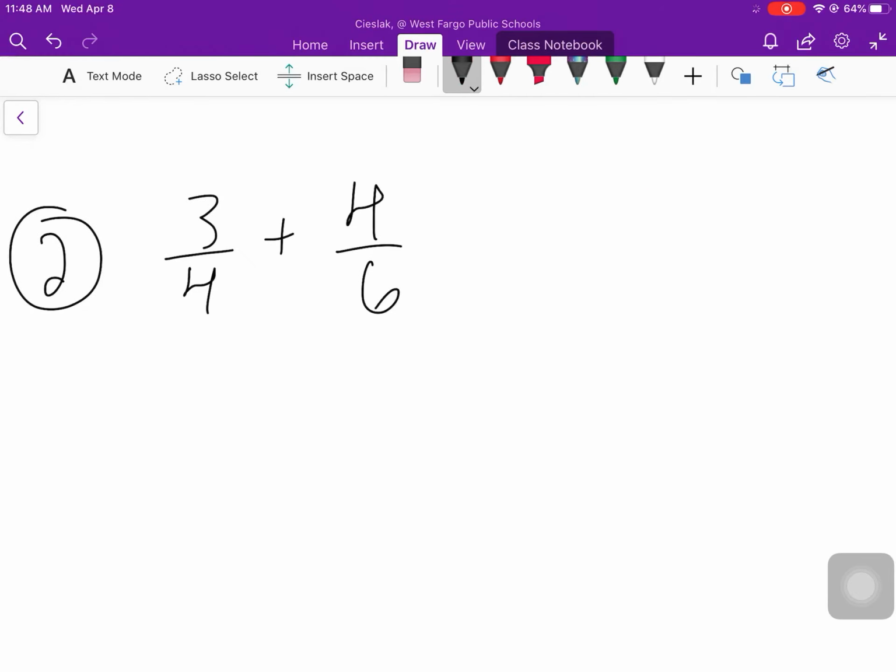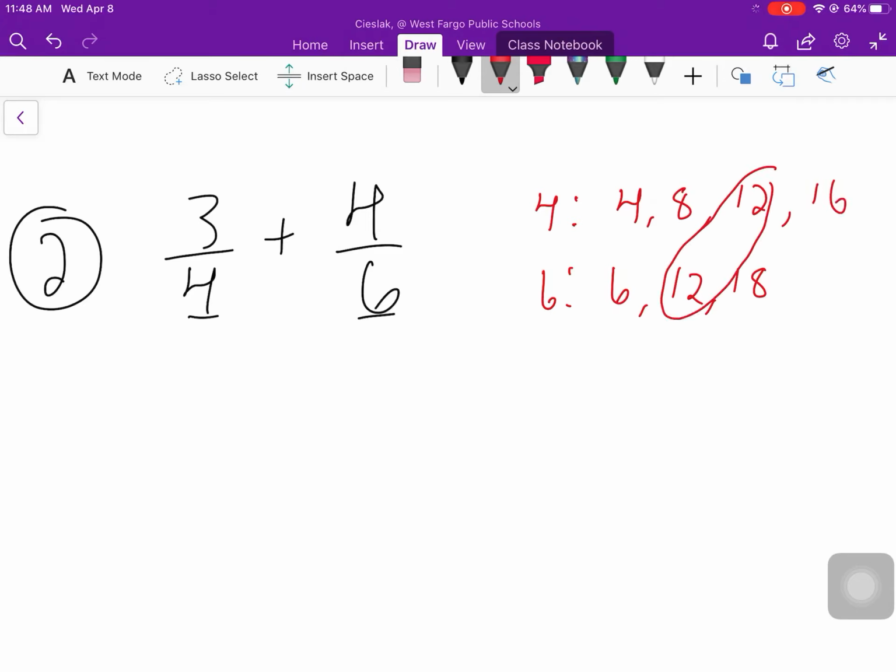Okay, let's try another one. So my next one, 3 over 4 plus 4 over 6. Notice I've got a 4 and a 6, so I'm going to go 4 and then 6. I'm going to list some multiples, 6, 12, 18. For 4, I could go 4, 8, 12, 16, and it keeps going, but there is my least common multiple right there. Okay, so I'm going to go over 12 and over 12.